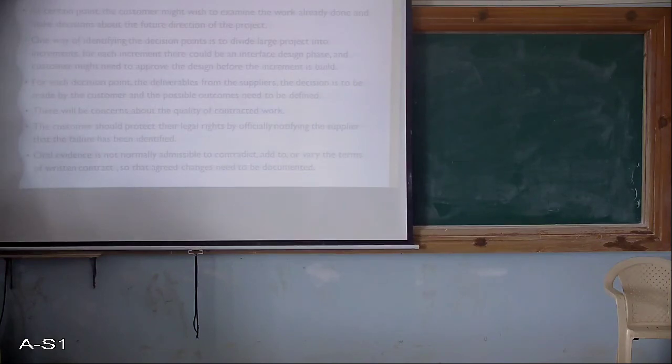Then the next point: there will be concerns about the quality of contracted work. This also is an important part. What quality of product is given in the requirement, and whether he is investing money in the same kind of product or not.